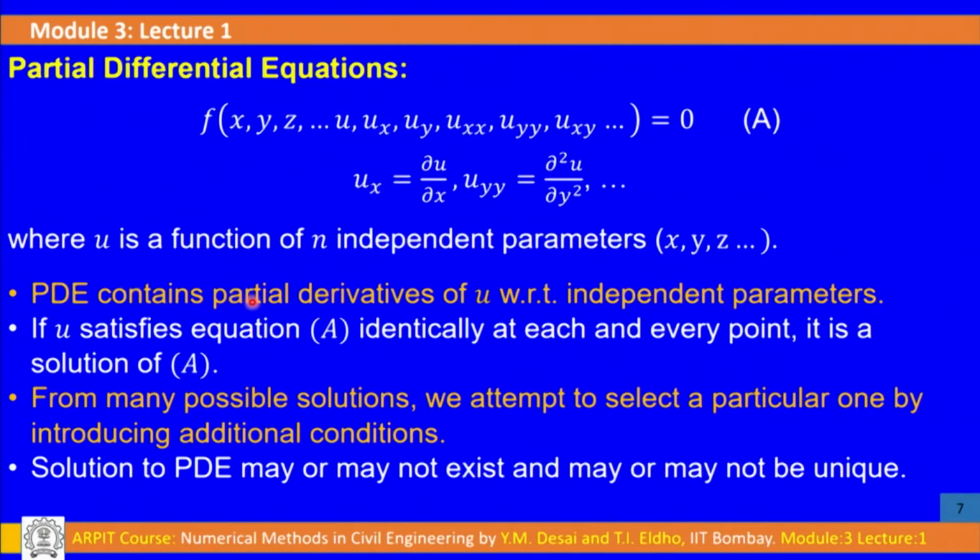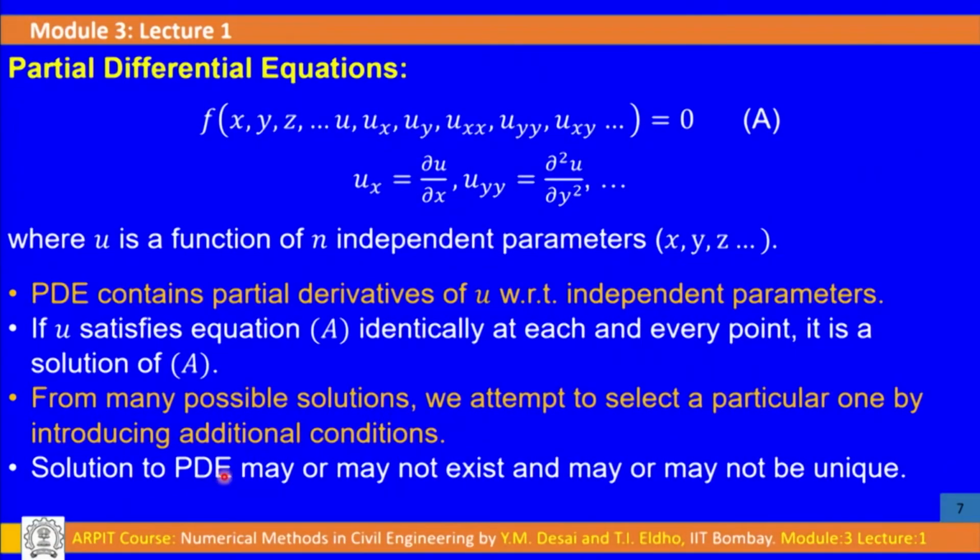A partial differential equation contains partial derivatives of the given function u with respect to independent parameters like x, y, z. If u satisfies the given equation A identically at each and every point, it is referred to as a solution of A. Now, a given differential equation may not have one solution.